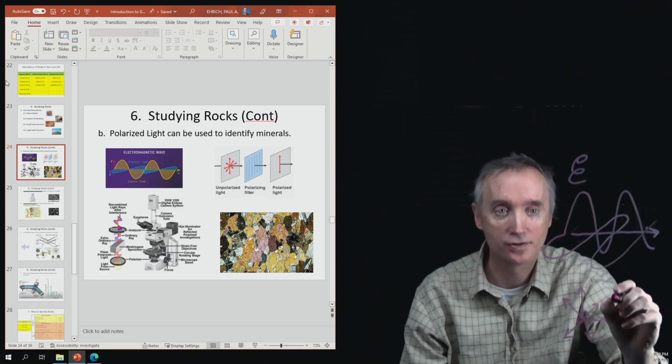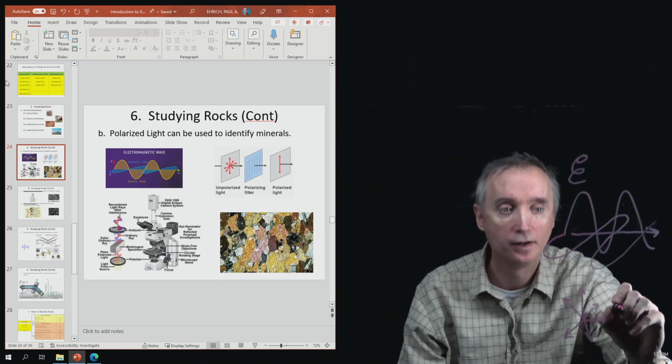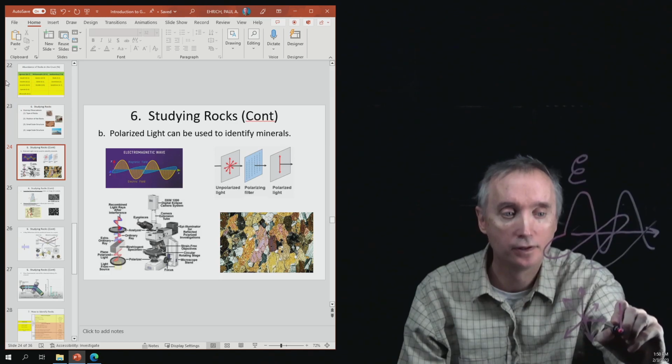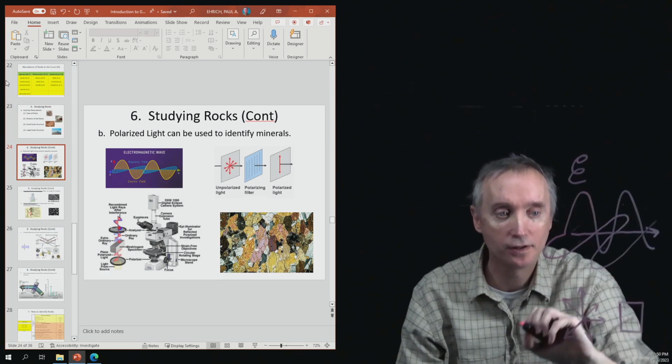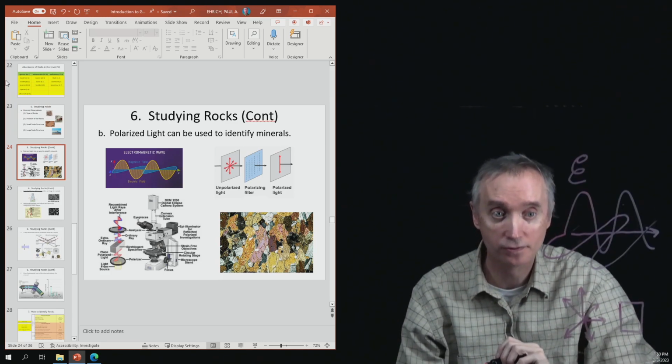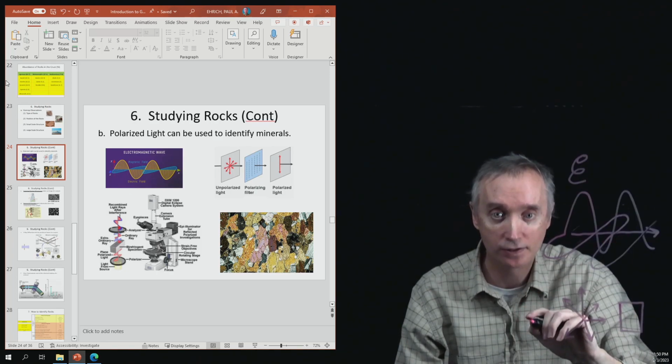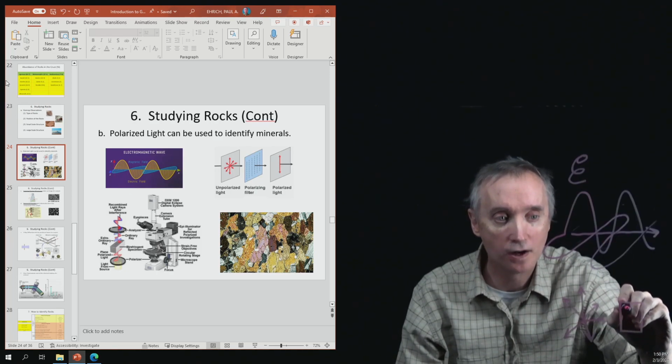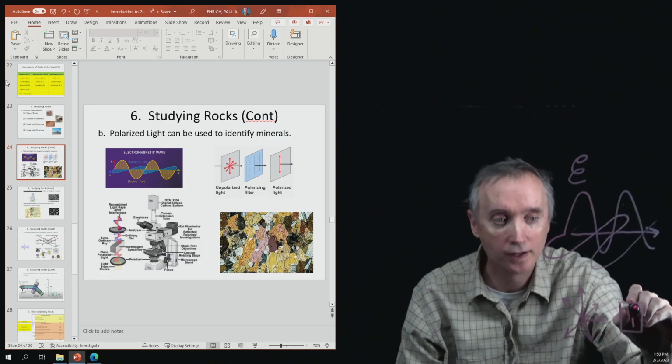However, we can polarize it by sending it through a polarizer. A polarizer is going to be a piece of plastic, and then it's got crystals embedded in that plastic, and those crystals are oriented like this.